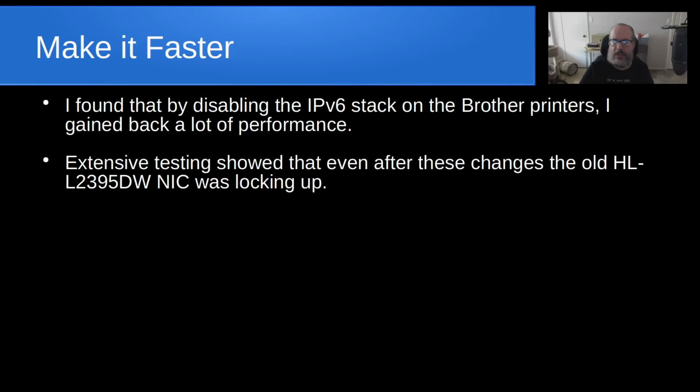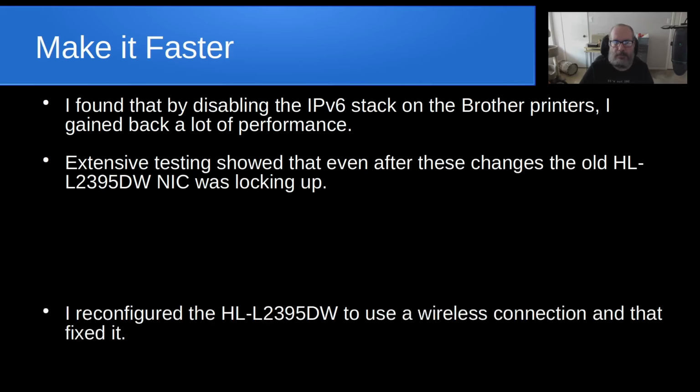So extensive testing showed that after these changes to the old HL2395DW, the NIC was locking up. And I say locking up because it got to the point where if I'd walk up to the printer and try to press a button on the front panel, all it would do is beep at me. I could ping the printer, but I couldn't print to the printer, and I couldn't scan from the printer.